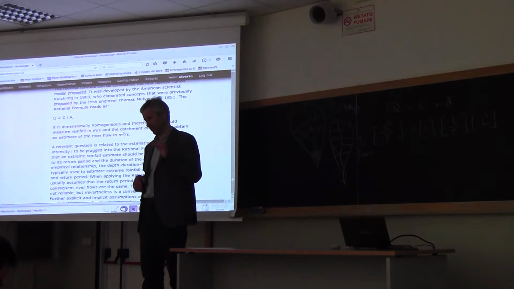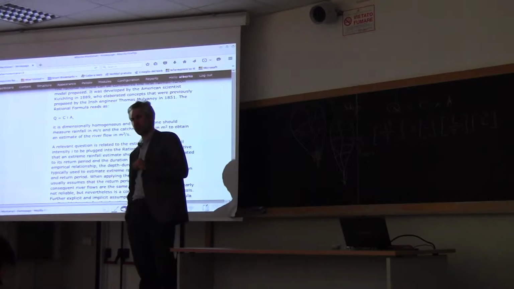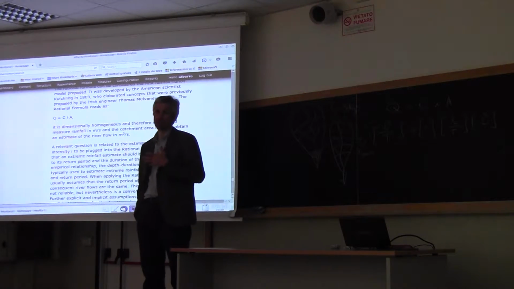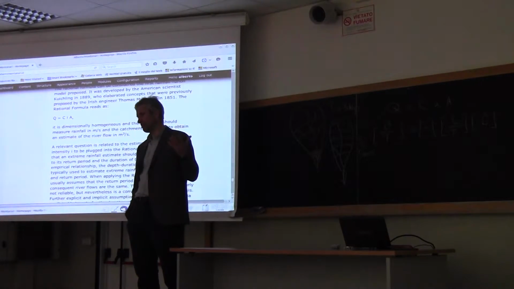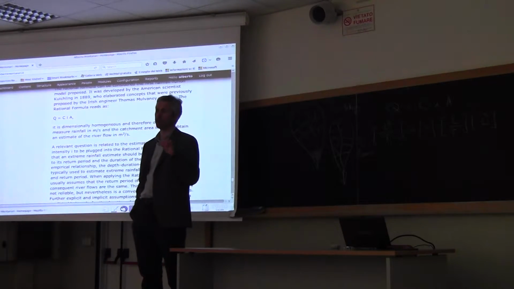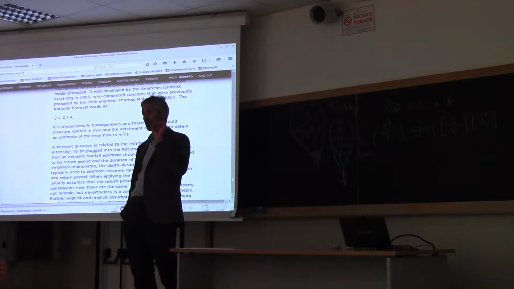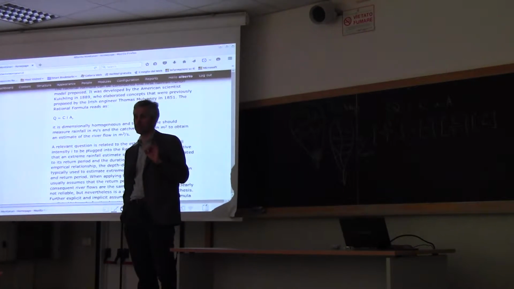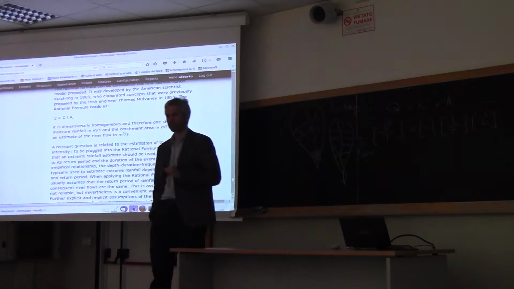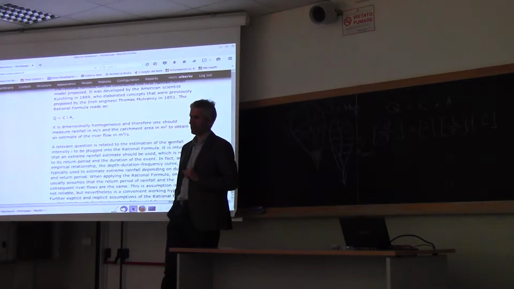In Italy, we use a formula that is called the formula di Giandotti, and it's not used abroad. Typically, these formulas are empirical, so they are estimated on the typical climate of the country where they were proposed. It's important to note that there is a lot of uncertainty in the definition of the time of concentration. Even if you use the empirical formulas, you must take into account that there is a lot of uncertainty.